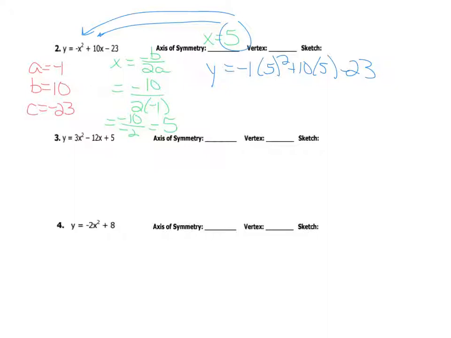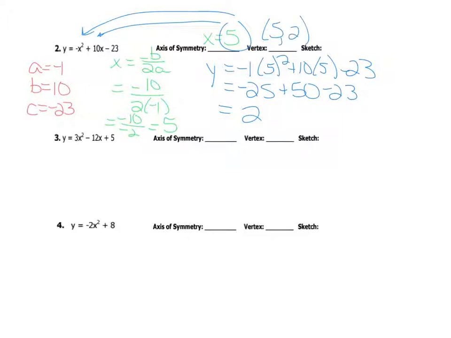So we're going to get -1 times 25, which is -25. Those negatives are going to mess you up, so make sure you're paying attention. Plus 50 minus 23. I think that's -48 plus 50, so I get 2. Is that right? You check my work. You know I can mess up. So I get (5, 2) for my vertex.